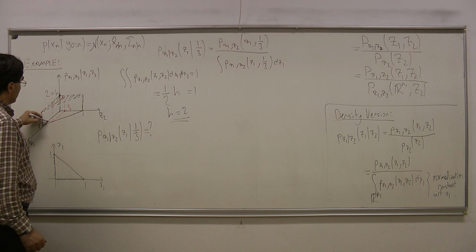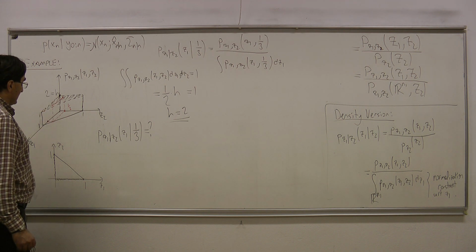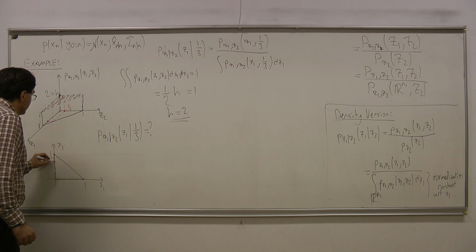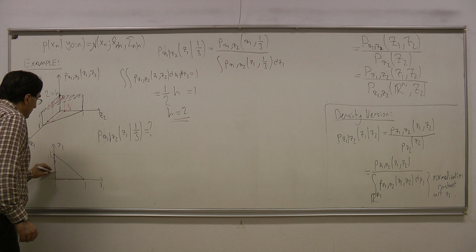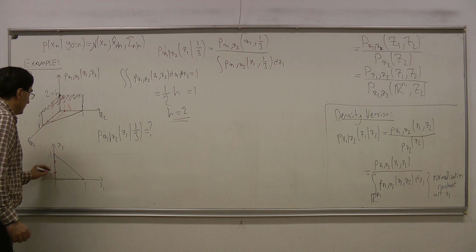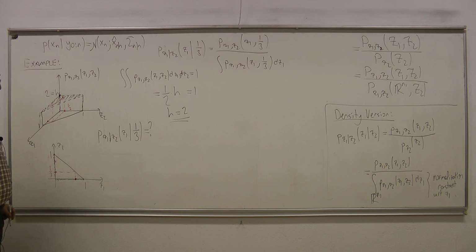What is this Z1 value at which it again becomes equal to 0? So when Z2 is equal to 1/3, so I put here 1/3, what is the Z1 value?